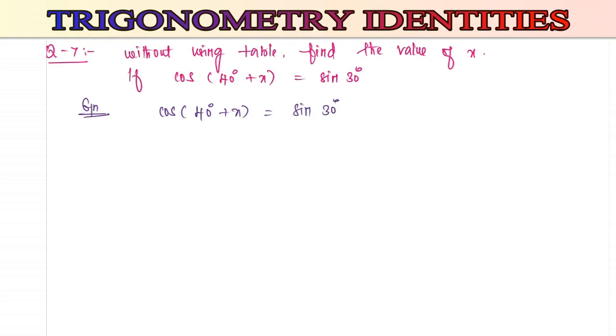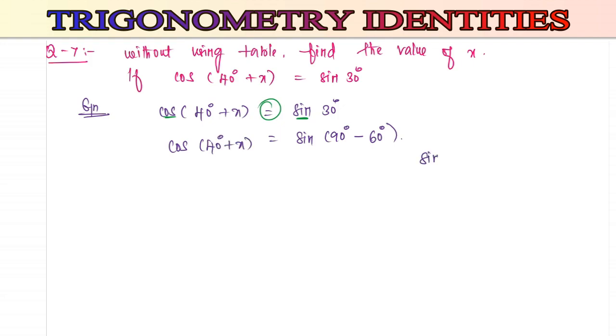Okay, in between the terms, when you have an equal to sign, if the ratios are equal, then you can equate the degree. Here let it be cos, and here I am going to take sin 90 degree minus 60 degree. The value is sin 30 degree you will get, and here we have cos 40 degree plus x.